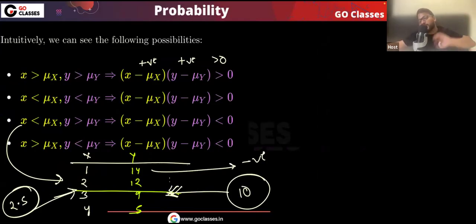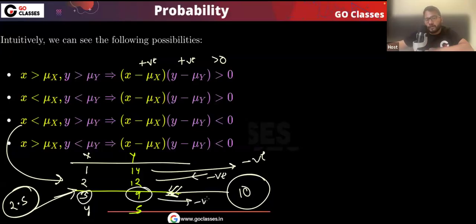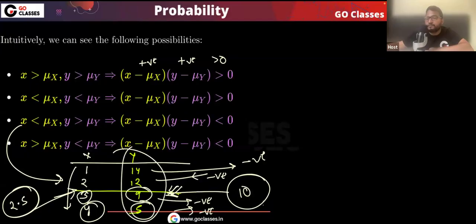If this is a mismatch, it will contribute negative. What about this? If I'm lower, this is again greater. Oh, mismatch, negative. This greater, but this is lower. Oh, mismatch, negative. This greater, this lower. Oh, mismatch, negative. So here all the terms are negative. So finally the answer will also be negative, which means if x is increasing, tell me, is y increasing or decreasing?